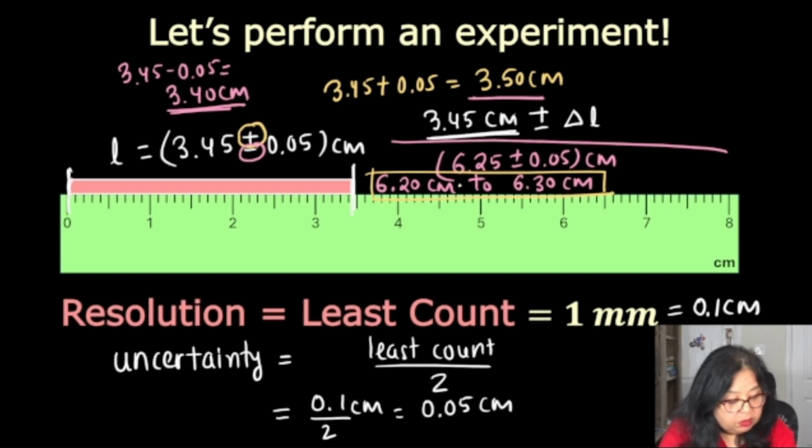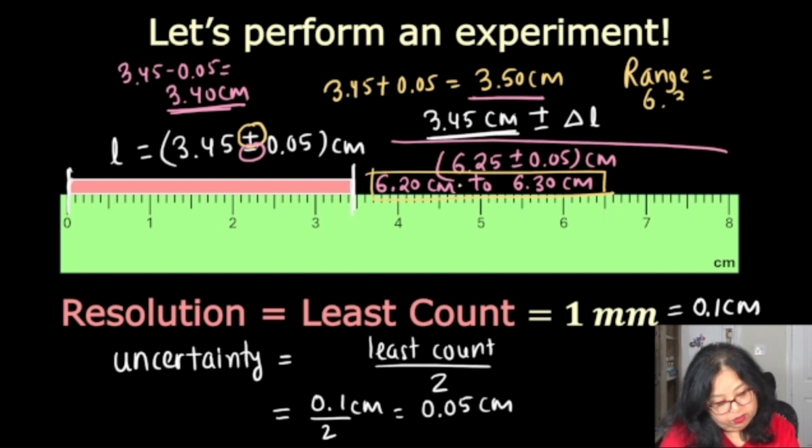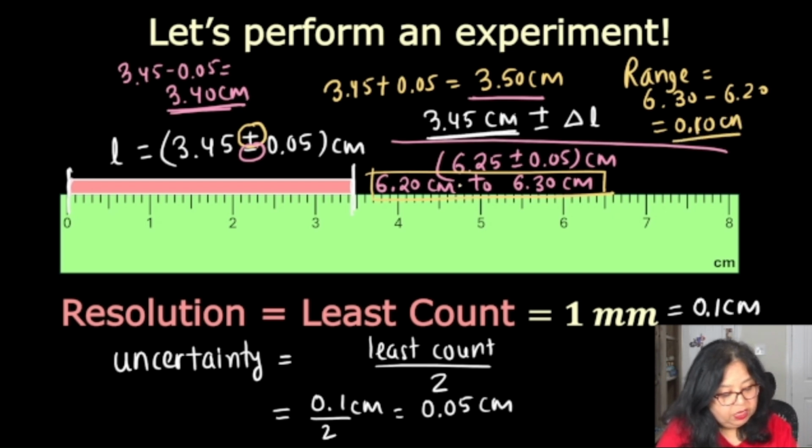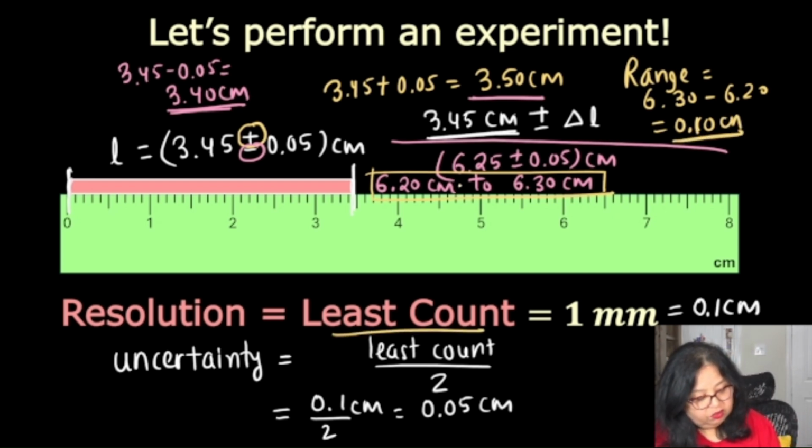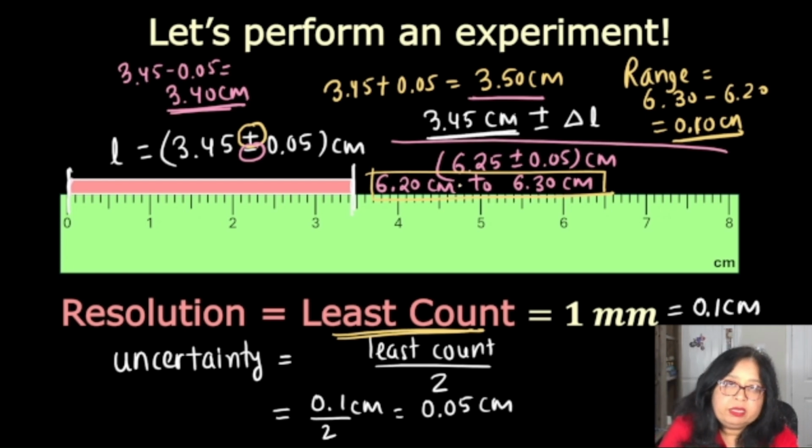If you find the range of 6.20 to 6.30 centimeters, that's going to be 6.30 minus 6.20 equals 0.10 centimeters. That is the same as the least count. Correct? So that's what the uncertainty means, physically speaking. I hope that made sense.